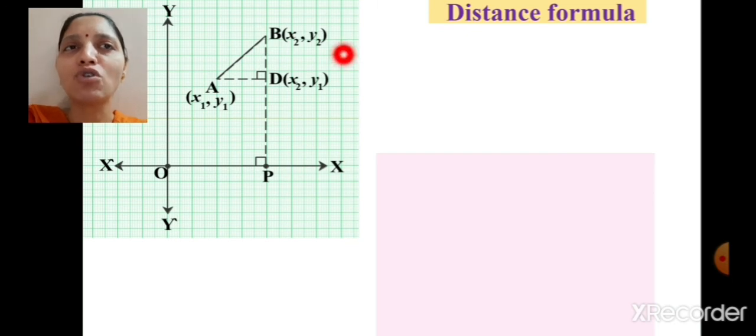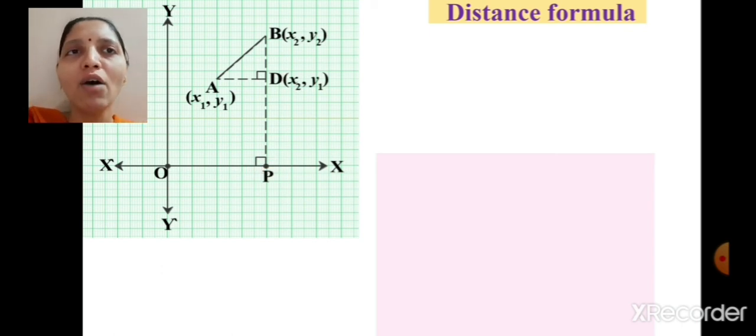Then we have to draw a perpendicular segment BP to the x-axis. Okay. So here I have drawn segment BP which is perpendicular to the x-axis. Then we have to draw a perpendicular segment, that is AD, on this line BP. Here segment AD is perpendicular to segment BP.